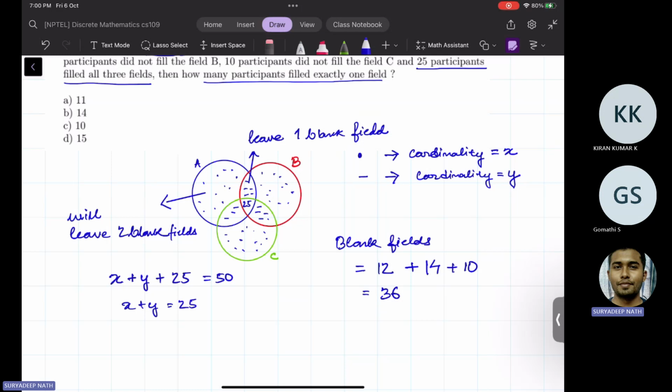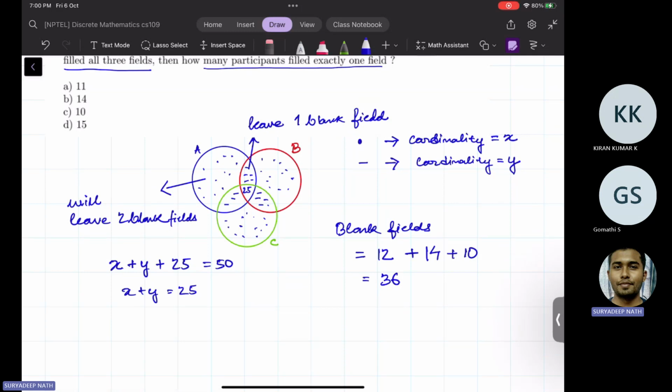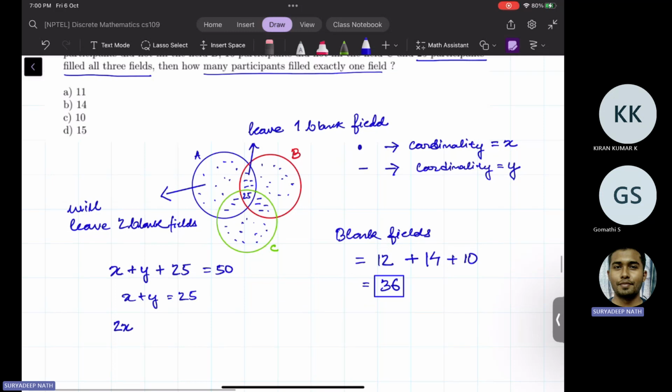So from this data, the total leftover fields is 36. So it is 2x, because x is the number of people in the dotted region and they are leaving two fields, plus y. Y is the cardinality of this dashed region and they will leave one field. So that should be equal to 36.